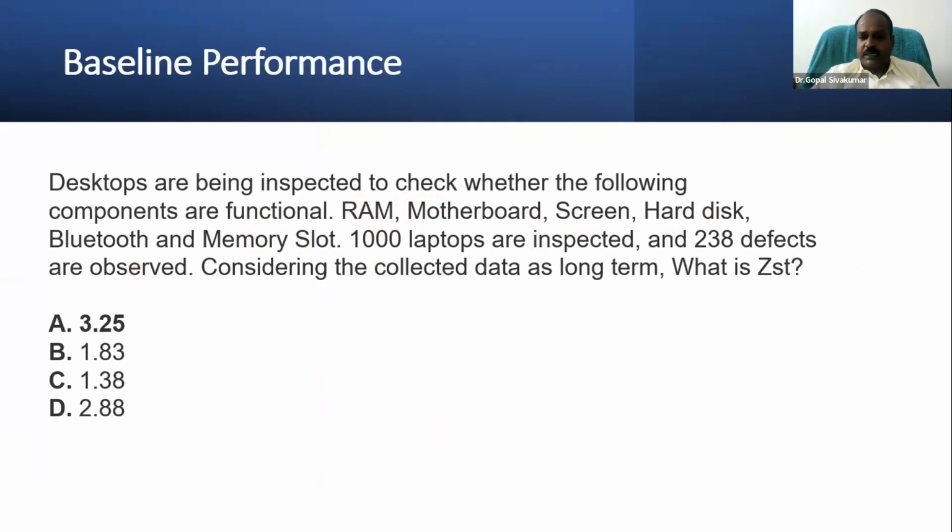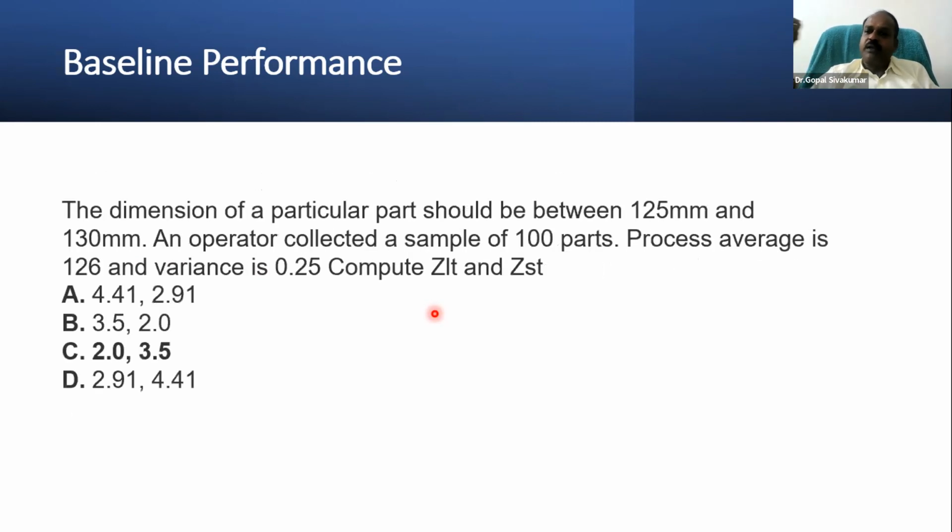How many components are you checking? 6 components. So how many opportunities for failure? 6 opportunities, since the number of checkpoints is 6. Any one of the 6 points can become a failure, isn't it? So the number of opportunities for failure is 6.